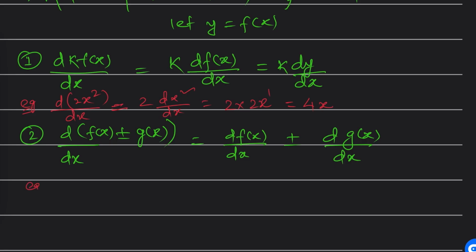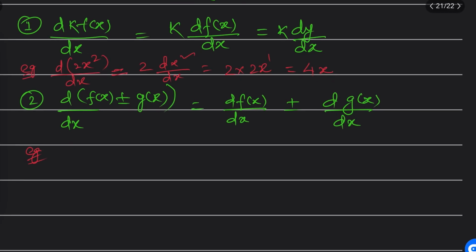Similarly, can I take another example here? Yes. Differentiation of, let's say, x power 3 minus 2x with respect to x. How will you differentiate? First you will differentiate x cube, then minus the differentiation of 2x with respect to x.